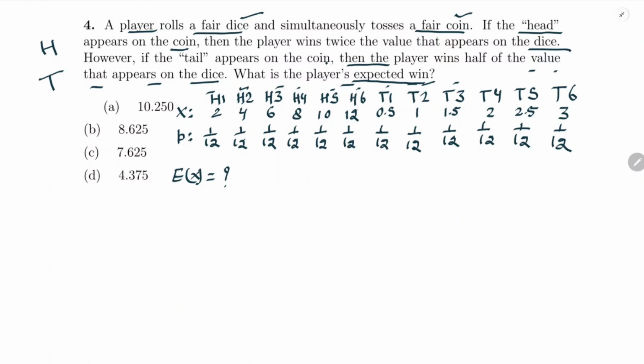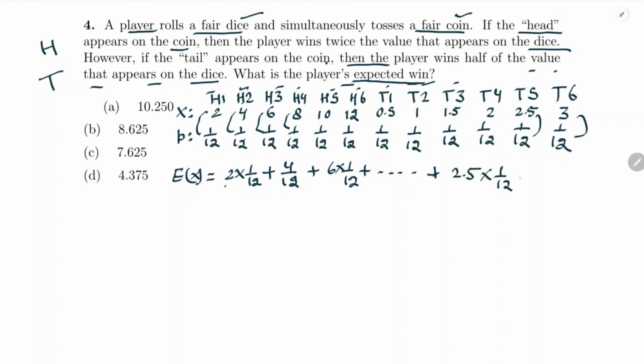Similarly, here we can multiply this 2 with 1 by 12, this 4 with 1 by 12, this 6 with 1 by 12, this 8 with 1 by 12, and take the sum. So we can write 2 into 1 by 12 plus 4 into 1 by 12 plus 6 into 1 by 12, and so on, up to 2.5 into 1 by 12 plus 3 into 1 by 12.